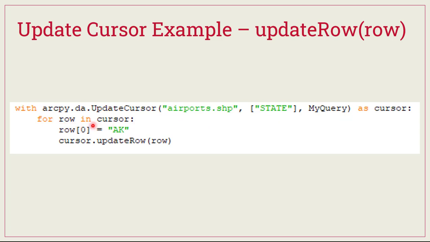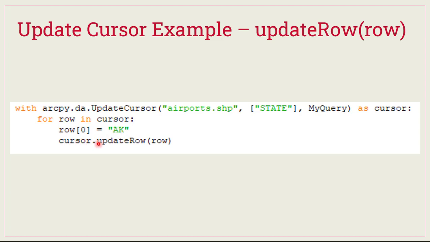For each of the rows and records that are sitting in that cursor, whatever is sitting in position 0 of our tuple of fields is going to be set equivalent to the letters AK. So for the state field, for whatever record is in the cursor, the state field is going to be set equal to AK. So that's just giving it, basically typing it in, but not yet hitting return.